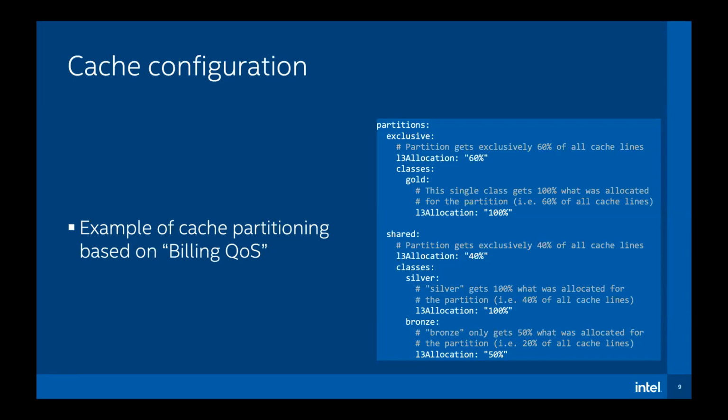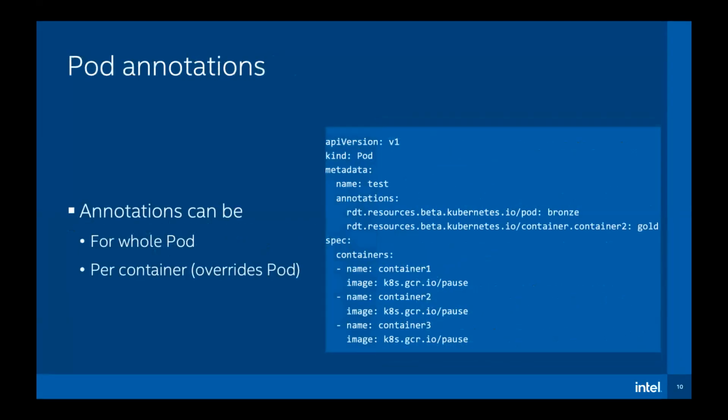So you would just set that, okay, this container belongs to the gold class, and then it would be assigned to the class. But the container runtime would handle all the configuration details of the hardware and the resctrl file system, through which the Linux kernel exposes the hardware.